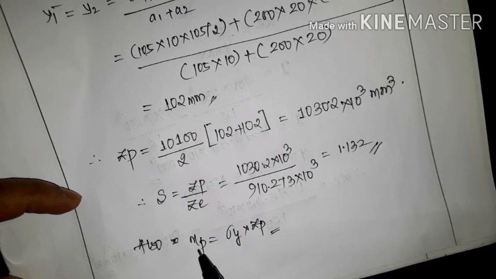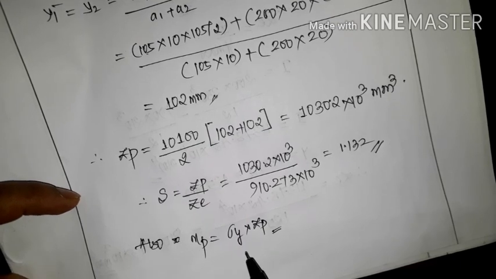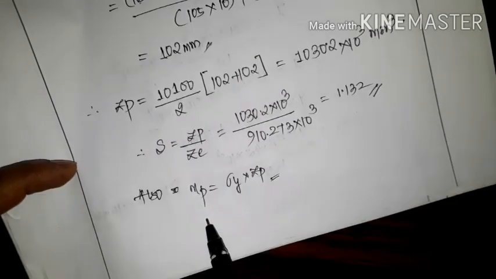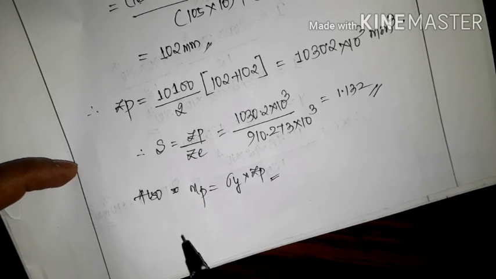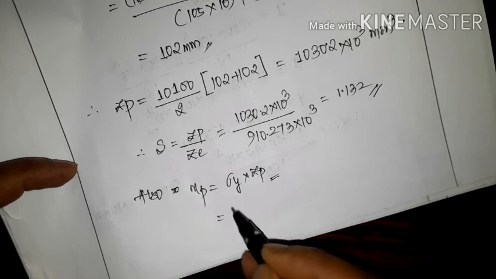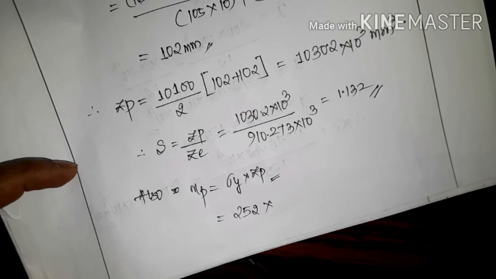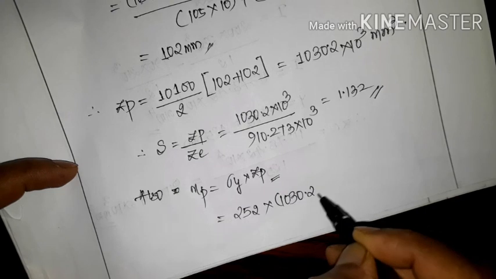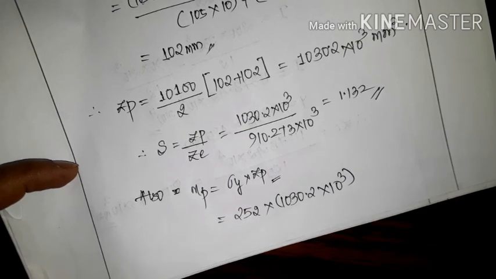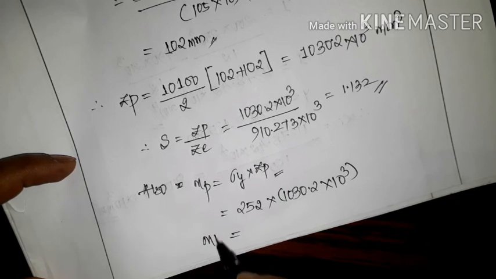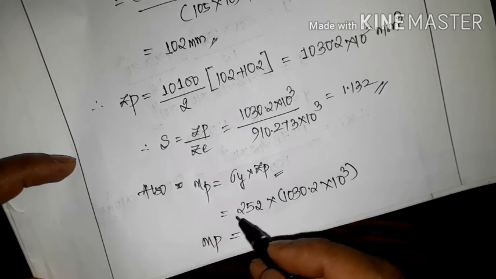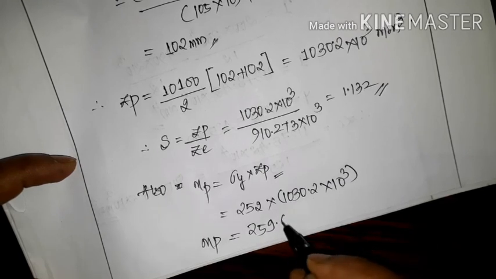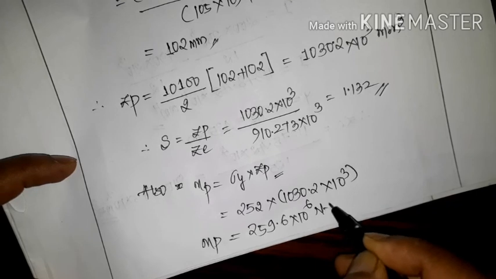We already know that Mp is equal to stress into section modulus, that is Zp, because we have to find the value of the plastic moment capacity. Sigma y is given as 252 into Zp, which is 1030.2 into 10 raised to 3. So we'll get this value, Mp equal to 259.6 into 10 raised to 6 Newton mm.